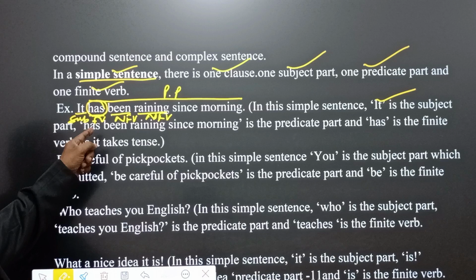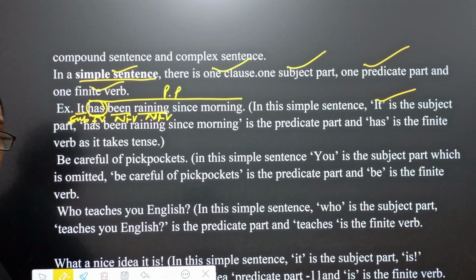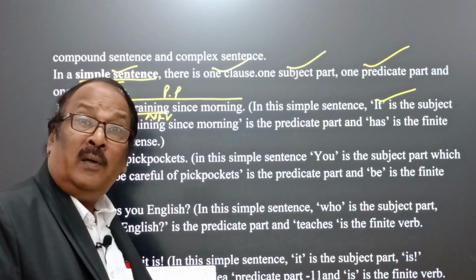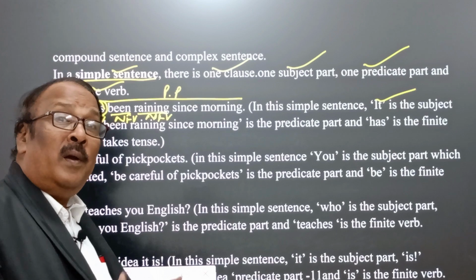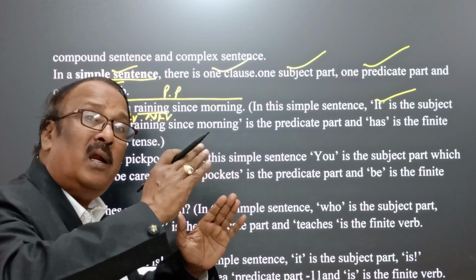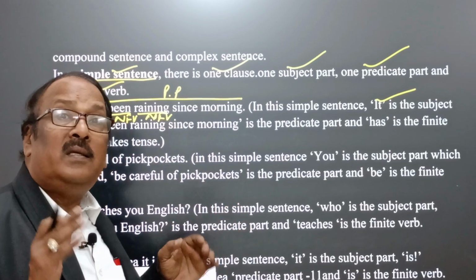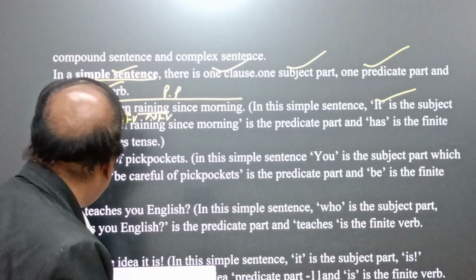This example proves that it is a simple sentence. Remember that a finite verb is a must, and that finite verb divides the sentence into a subject part and a predicate part. These three important elements must be there to make a simple sentence.